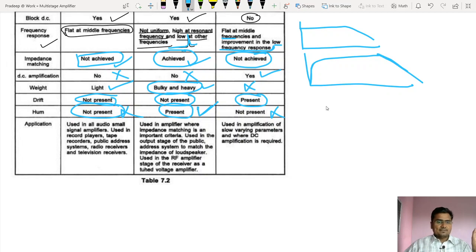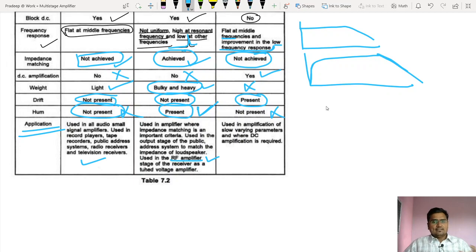Now there are specific applications of every coupling. See, it is used in all audio small signal amplifiers, the television receivers, and those are clear specific applications. See, RF amplifier, I'm highlighting that because transformer coupled amplifiers are specifically used for impedance matching. So that's why impedance matching comes only with the RF signals, is it? Where there is a more sensitive area, there impedance coupling is needed.